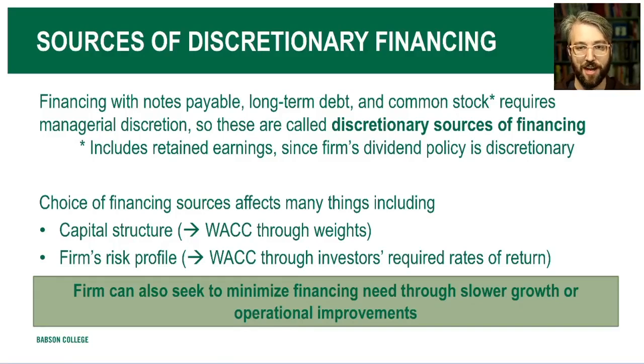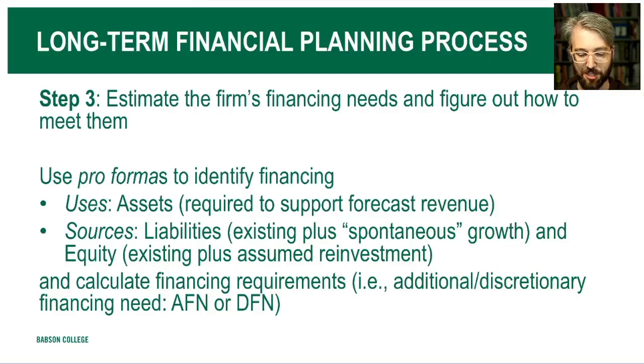All those things require managerial discretion to do, and so we call all of those things discretionary sources of financing. So, the key distinction there is between what we called earlier spontaneous sources of financing.